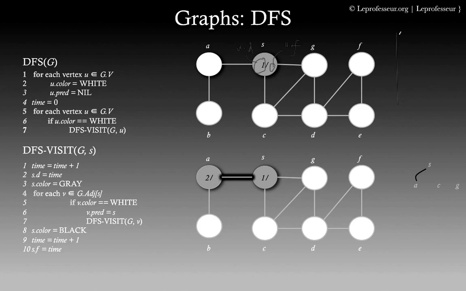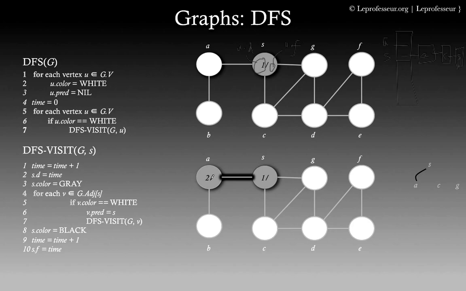So remember that we have this adjacency list where your graph is stored. Let's say you decided to visit A, that's the next vertex in your adjacency list.